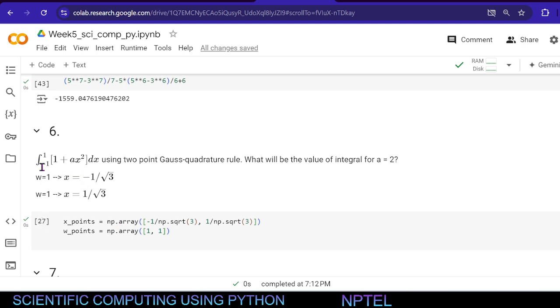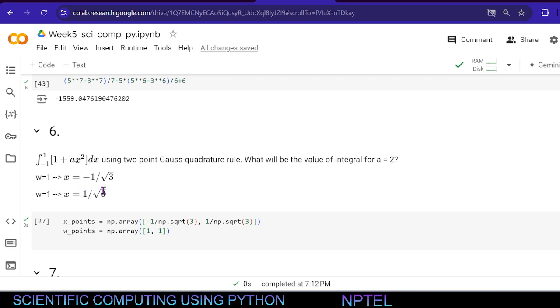So the first one is the integral from -1 to 1 of 1 plus ax squared, using the 2-point Gauss quadrature rule, and a is given as 2. They could have just mentioned 1 plus 2x squared, but that's alright. The zeros and the weights, xj's and wj's, are given. xj is -1 by root 3, and the weight is 1.